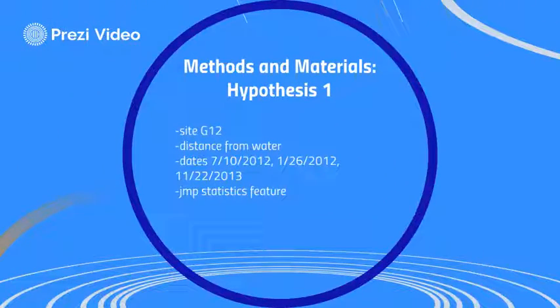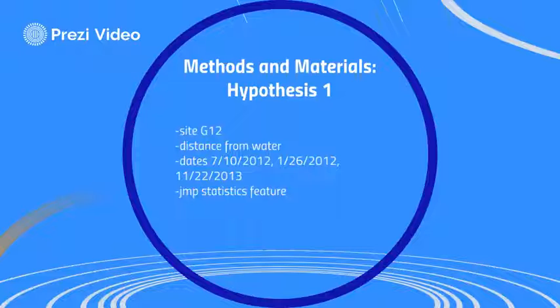Methods and materials. So, just to remind you, our first hypothesis was that there would be more hippos than zebras found near water. And we didn't want to look at multiple sites for this because we needed a site that was very close to water. So, we chose site G12 because it was the closest site to water at 0.02357 miles from water.